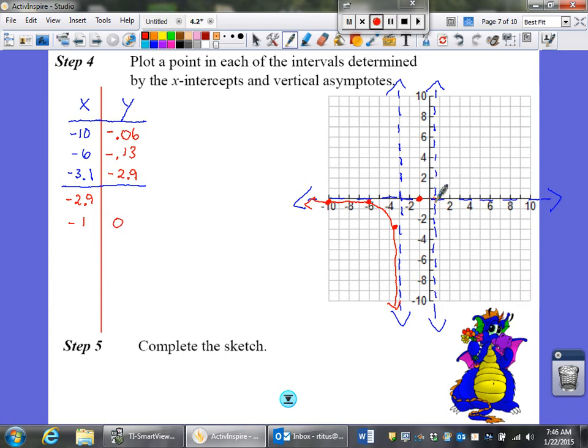And how about we pick one right up against this asymptote? Well, this is 1/2, which is also 0.5. So how about just left of this, 0.4? Okay, I'm going to go back to my calculator again. And we're going to put in negative 2.9. And that would be 2.7.